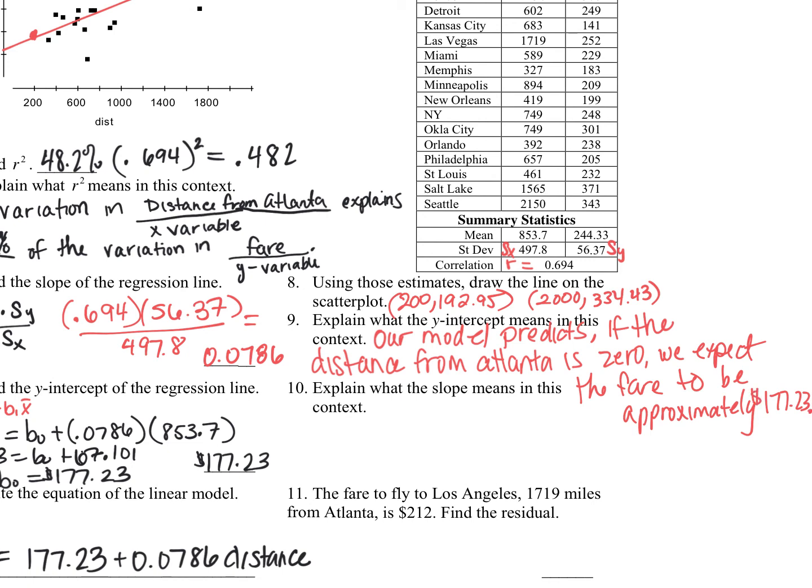In statistics, everything is our model predicts. This is what we expect. It should be approximately. We are never certain. We are never 100% certain that anything is going to happen, because it changes every time we do a new study, because there's always some natural variation.